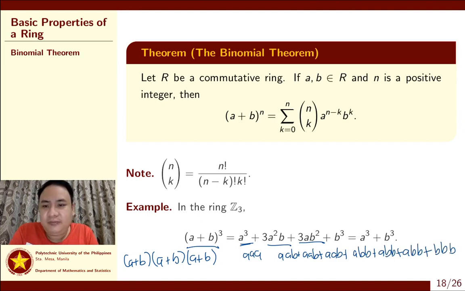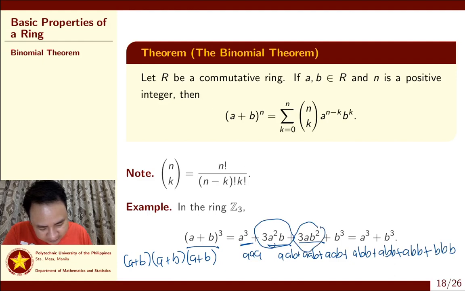Now, kaya lang, ang mga elements ng Z sub 3 may property. Pag inadd mo sila sa sarili nila ng tatlong beses, ano lalabas? Diba? 1 plus 1 plus 1. Sa Z sub 3, that is 0. Kaya yung mga terms na ito, they will be zeroed out in Z sub 3. Kaya maiiwanan lang a cube plus b cube.